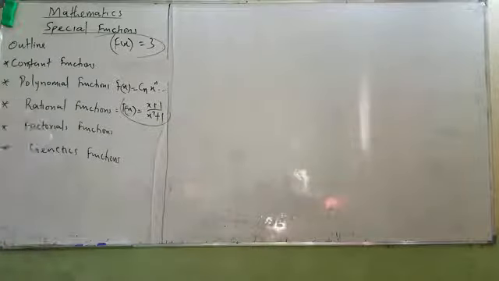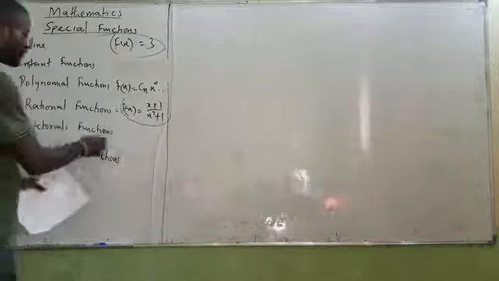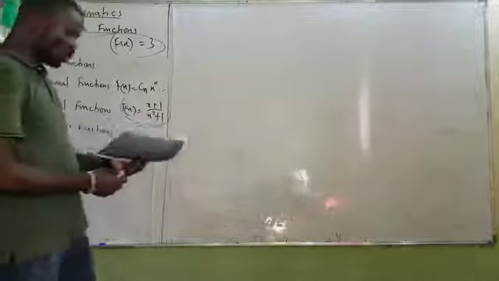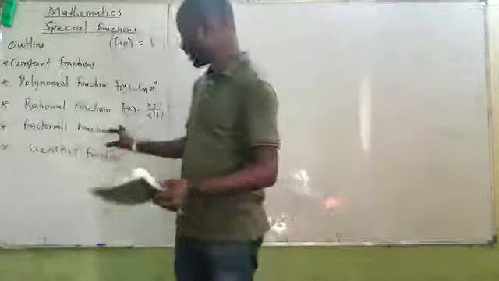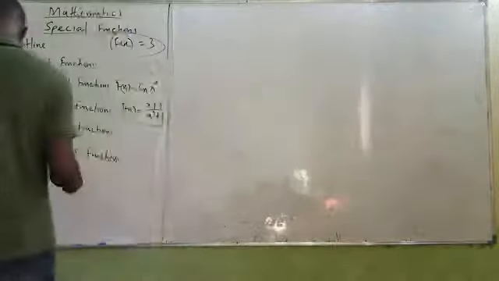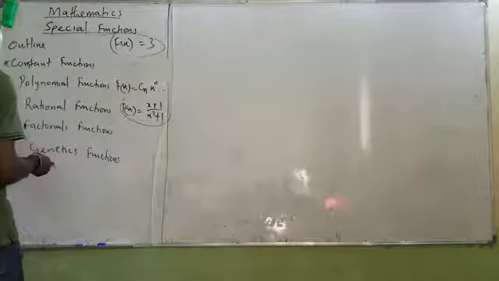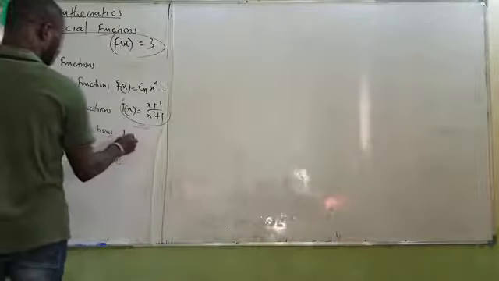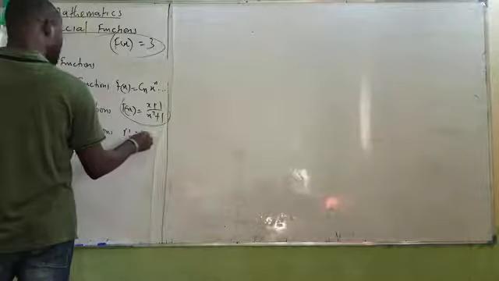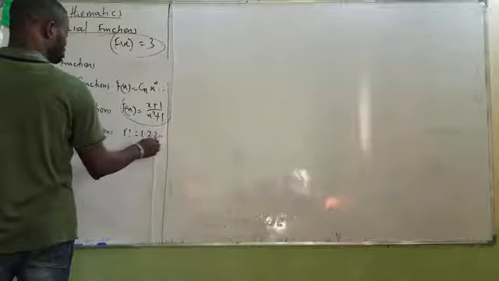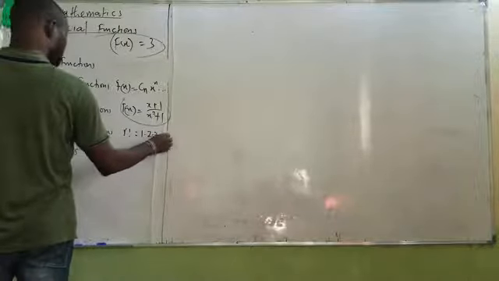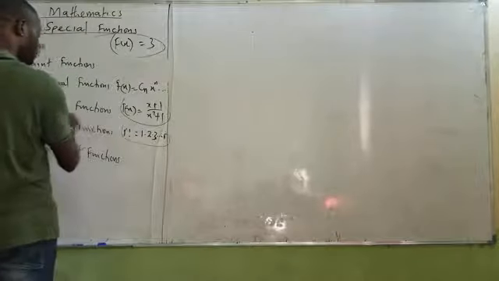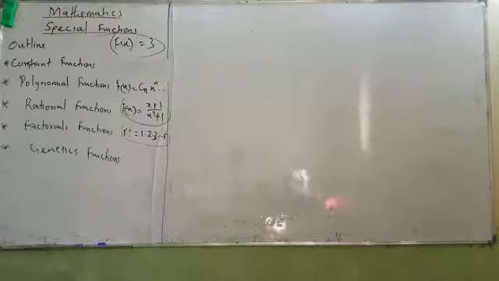Now, the factorial function is a very nice application part of mathematics. We all know what is called factorial: r factorial equals 1 times 2 times 3 up to r itself. This is a very good example of a factorial function.